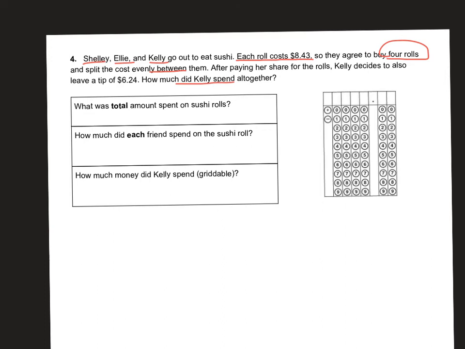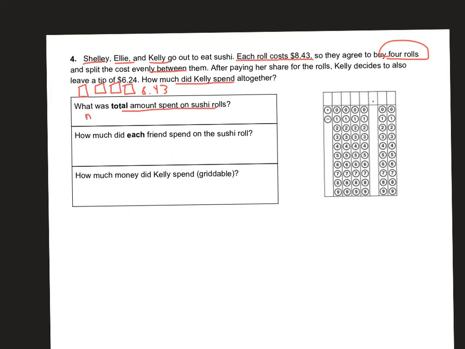Okay, so let's just think about it. You and your friends go out to eat, right? There's 3 of you guys, and this is how much your rolls cost, and you guys agree to buy 4 of them. So that means you are buying 4 rolls, and each one is $8.43. So first before I divide the bill, I need to figure out what the total amount spent was on sushi rolls, right? So let's do that first.